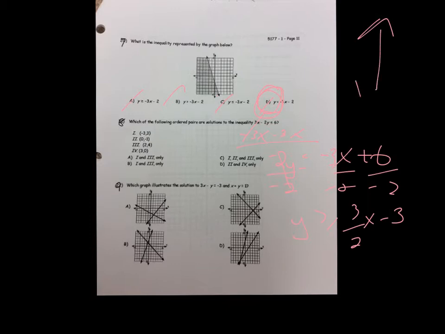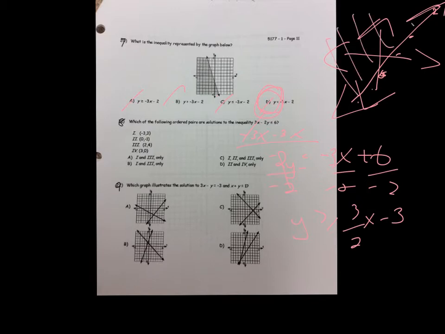So if I graph that, I'm just making a sketch, negative 3, up 3 over 2, a solid line, shaded above. Now, which points fall in that shaded region? Negative 3, 3 looks good. 0, negative 1 looks good. 2, 4, I'm going to have to double check.